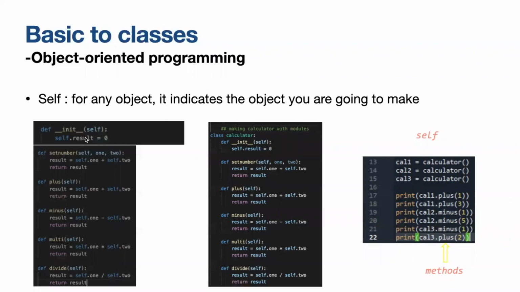So whenever you instantiate the object, the initiator, the constructor, is executed first. So the member variable result is set to 0 here. And all those functions are defined. And we call this a method.